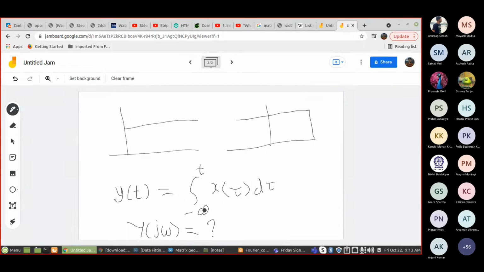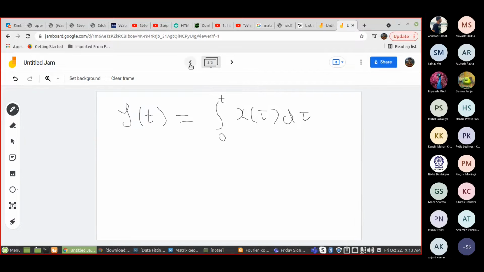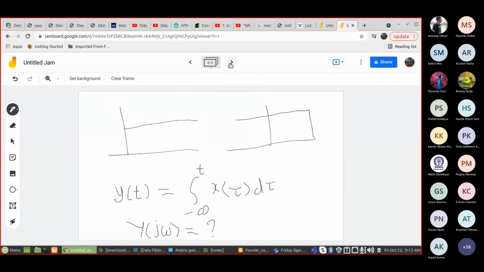This is from minus infinity to t, right? So if your question is y(t) equals the integral from 0 to t of x(tau) d tau, then you cannot use that, the previous one. But in some cases you might.